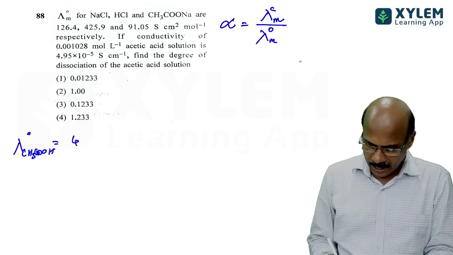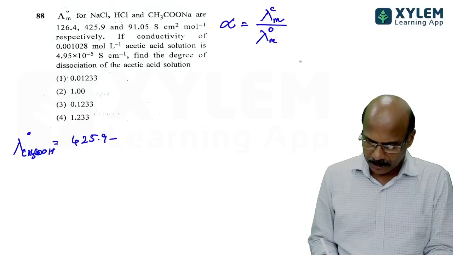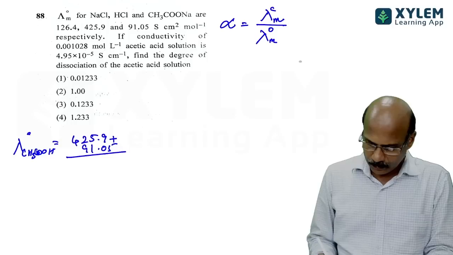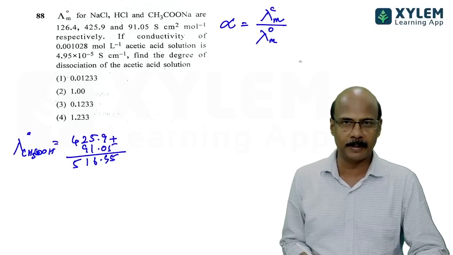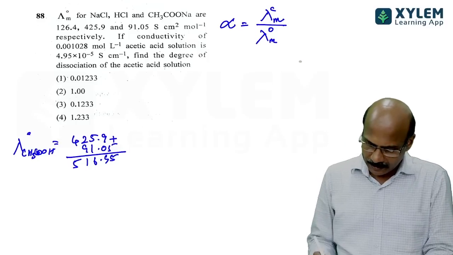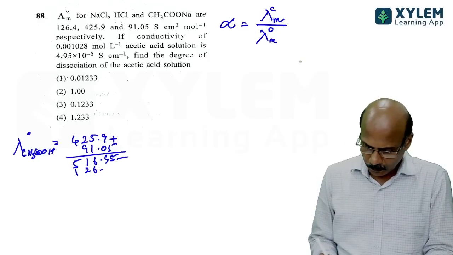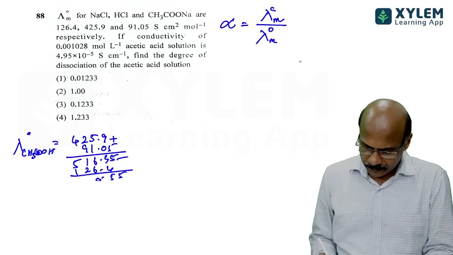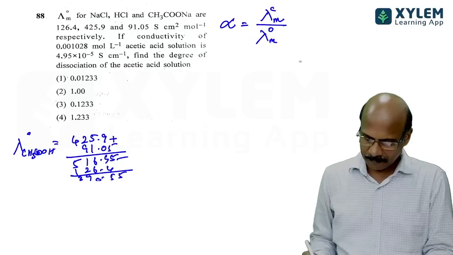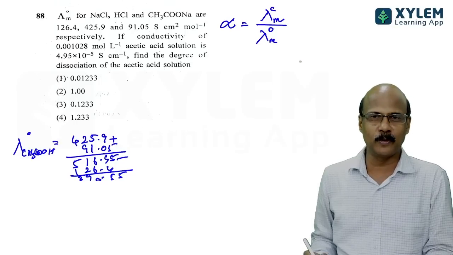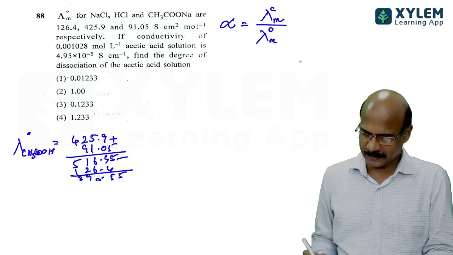That means adding 425.9 plus 91.05, you will get 516.95. Am I right? This minus 126.4, you will get 390.55. Am I right? This will be the limiting value of molar conductance of acetic acid.